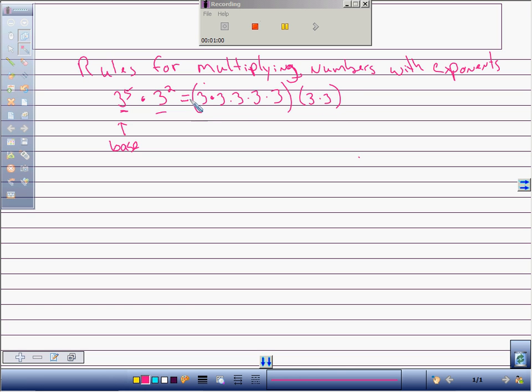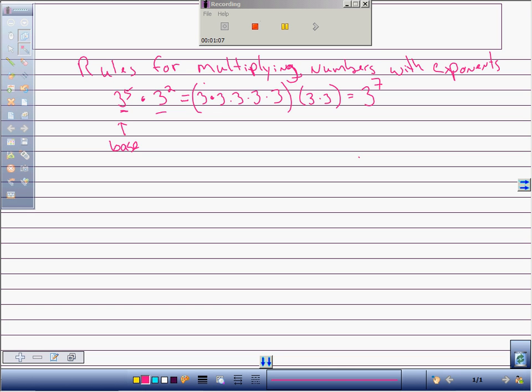Altogether, how many 3's am I multiplying together? 7. So I could write that as 3 to the 7th power. Now you could just leave it like this, unless they tell you to multiply it out and give you a number.